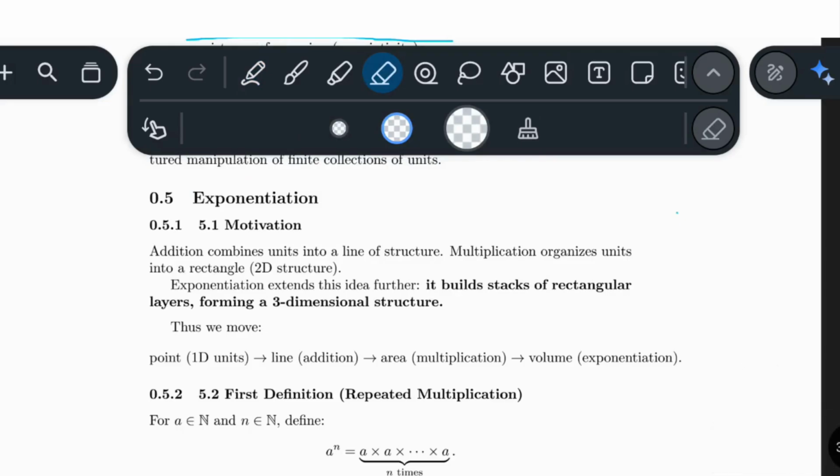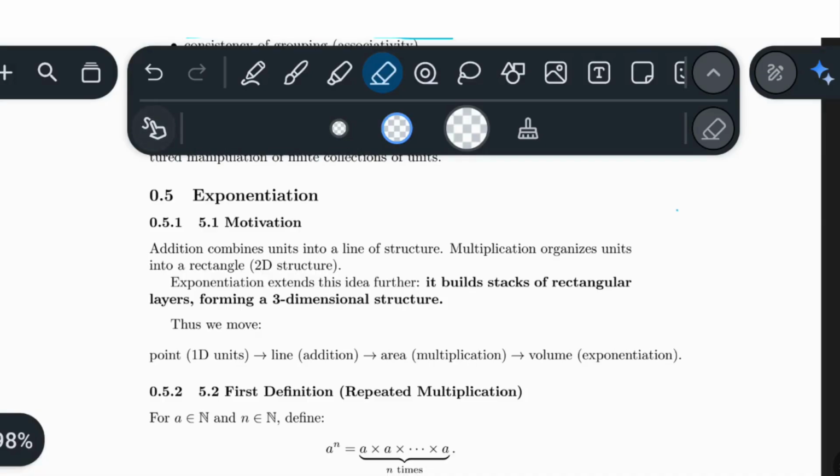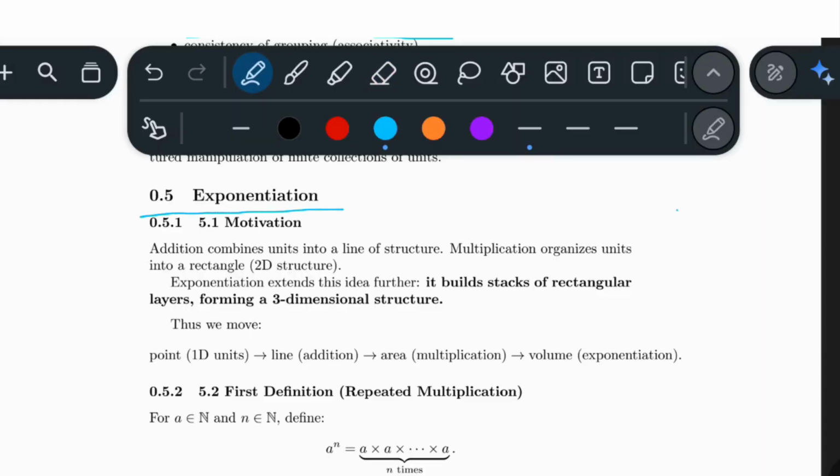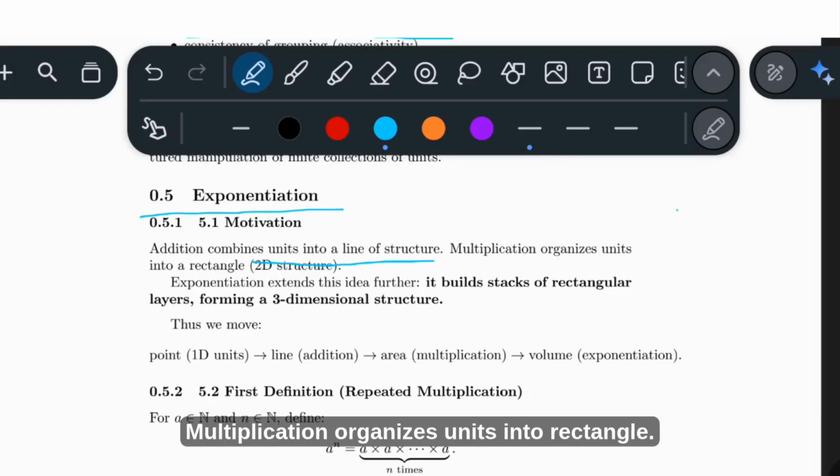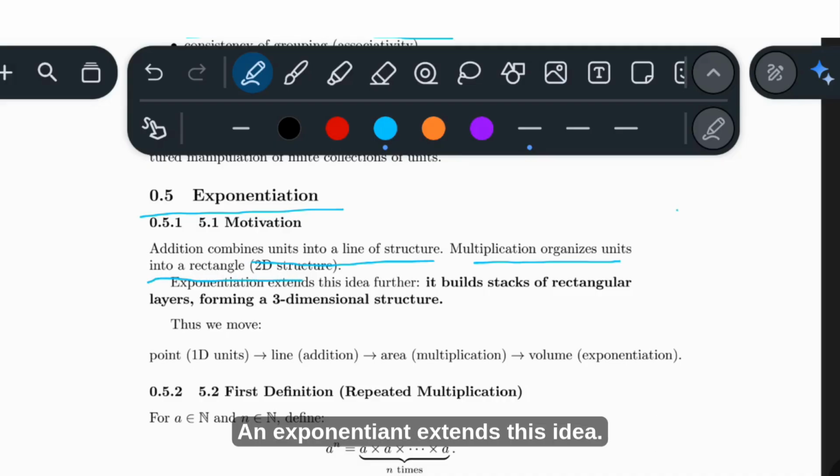Now move to another topic. What is exponentiation? Exponentiation is repeated multiplication. Addition combines units in a line structure. Multiplication organizes units into a rectangle. And exponentiation extends this idea.